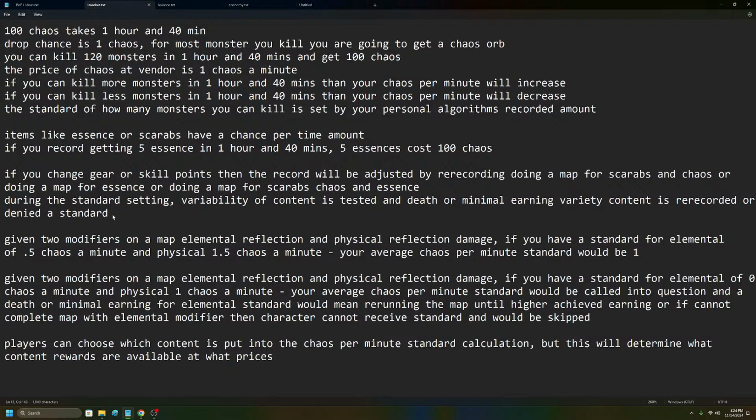You can buy that in terms of chaos orbs. And because your chaos orb standard is 2 for delve specifically, that would mean it's easier to do delve content with your character and playstyle.